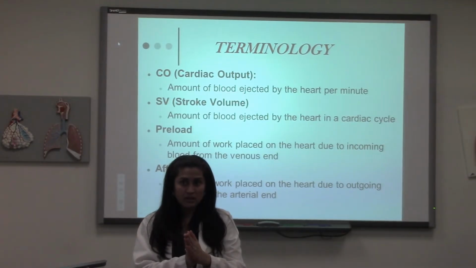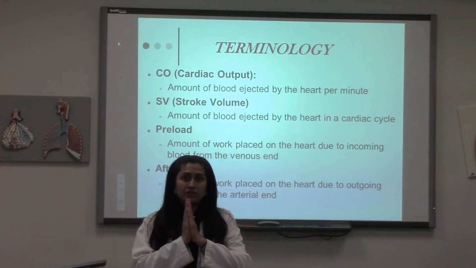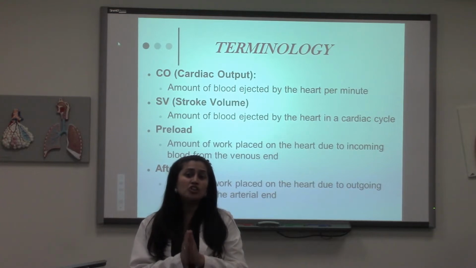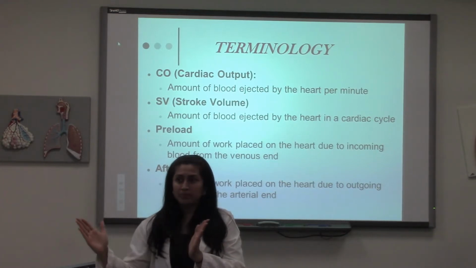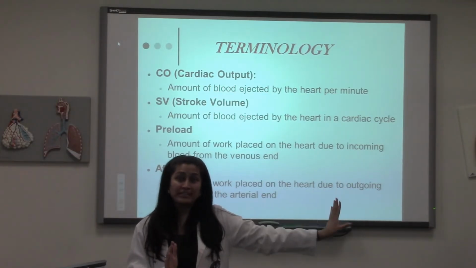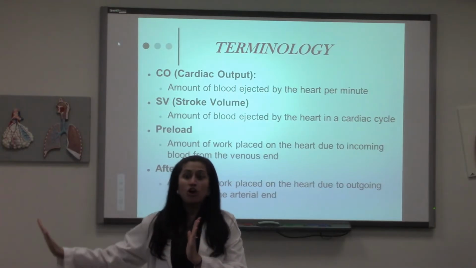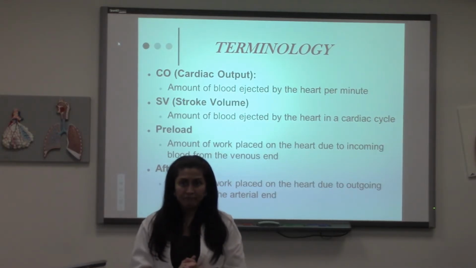Afterload is the amount of work placed on the heart due to outgoing blood, meaning the arterial end. Preload is usually the venous end, and afterload is usually the arterial end. Okay? Does that make sense?